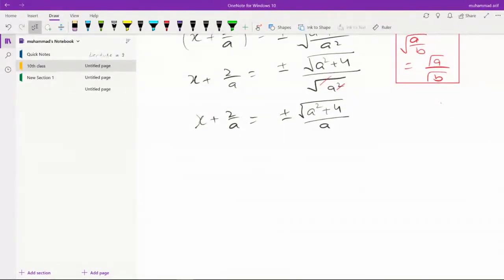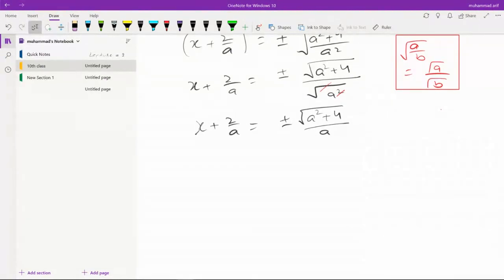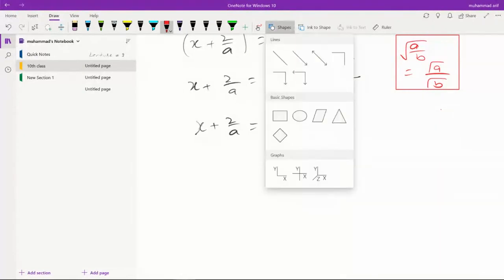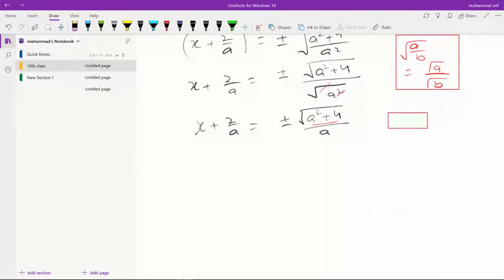We cannot cancel 4 and square root, or we cannot take out a square outside the square root because we have plus sign between them. Square root of a square plus 4 is not equal to a plus 2 because it cannot be cancelled like this.